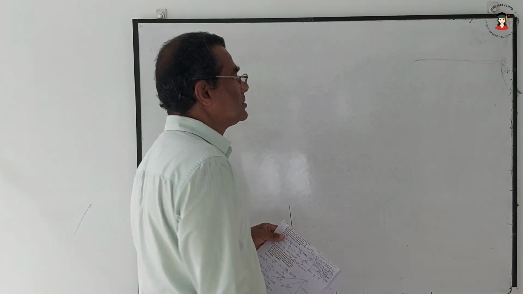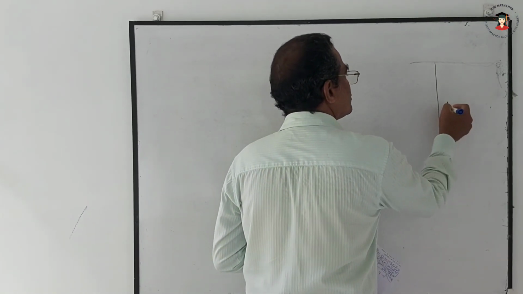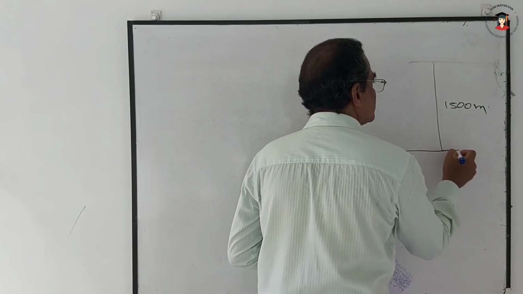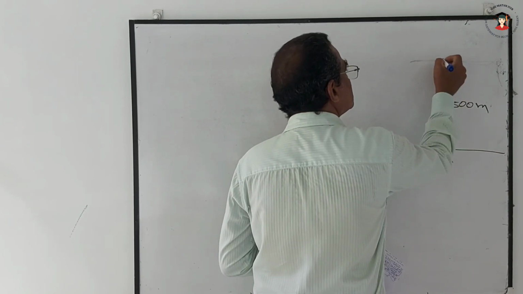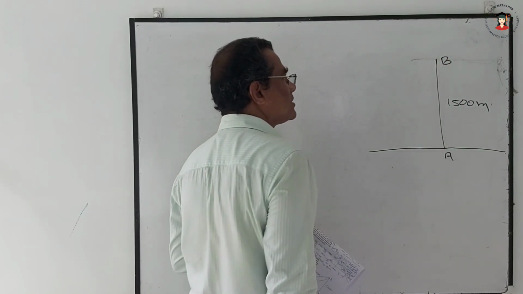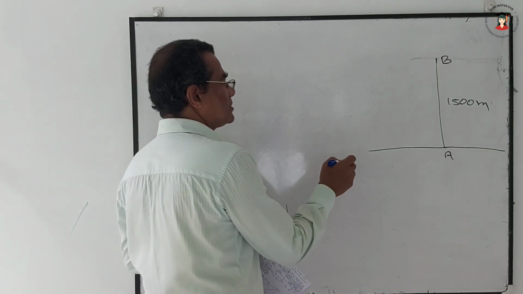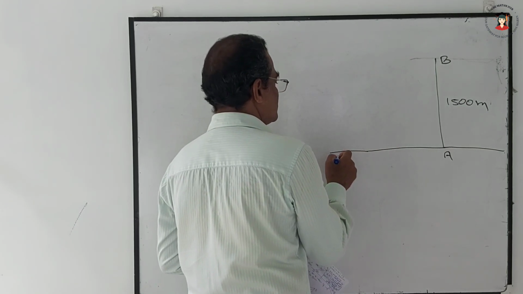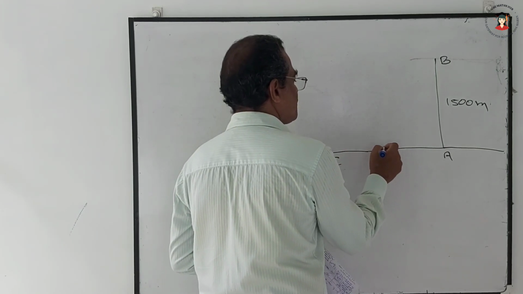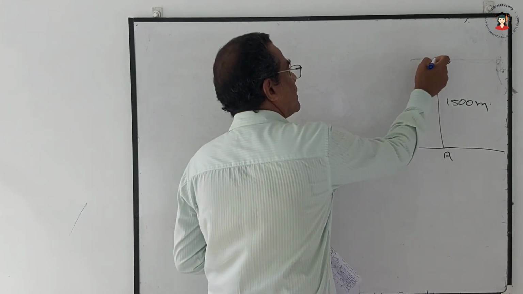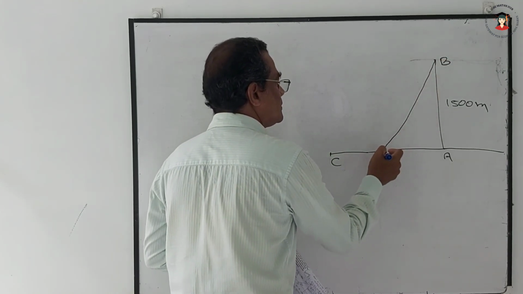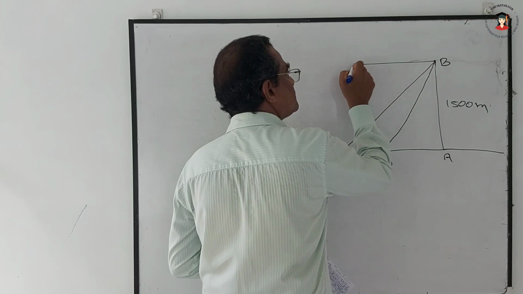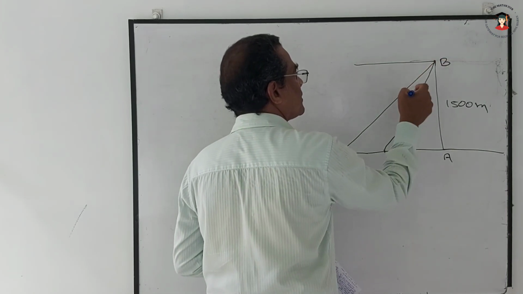So there is an aeroplane at an altitude of 1500 meter from the sea level. So this is the sea level, and AB is the altitude of the aeroplane, and there are two ships, say C and D. So this is the horizontal here.